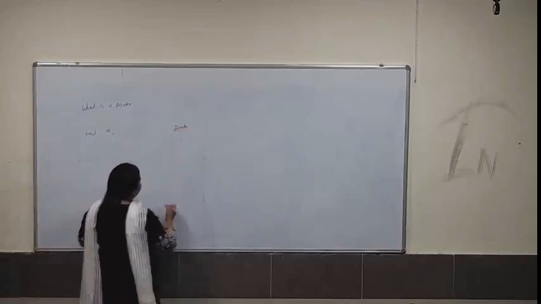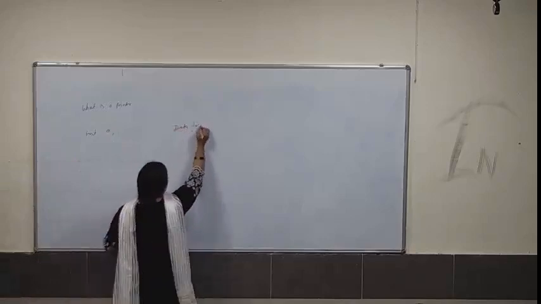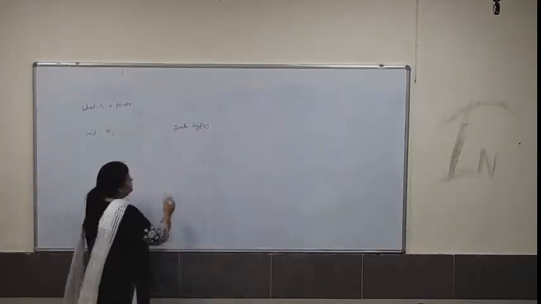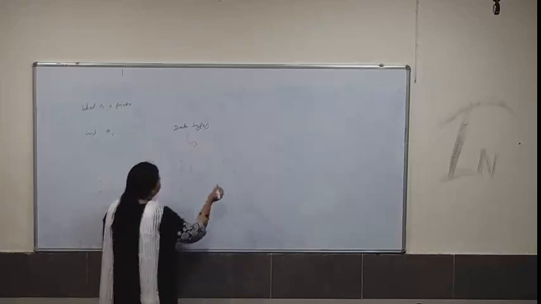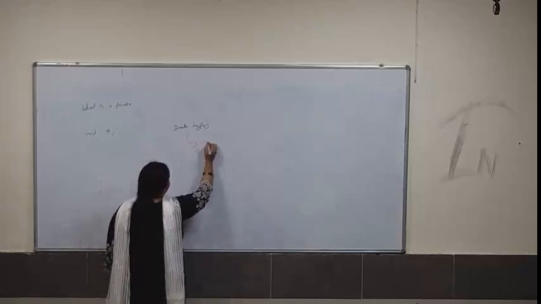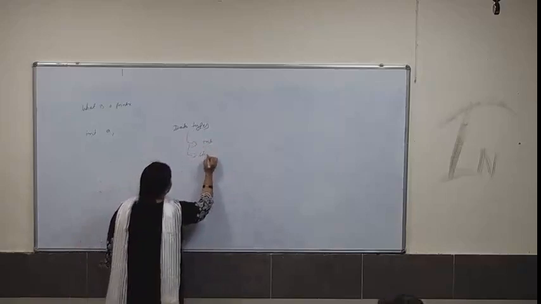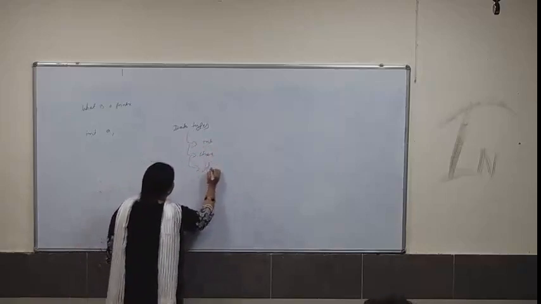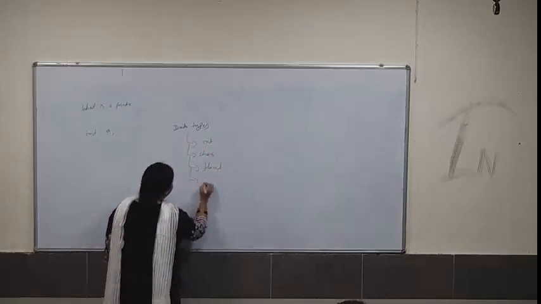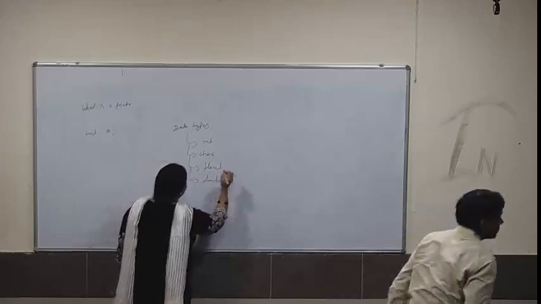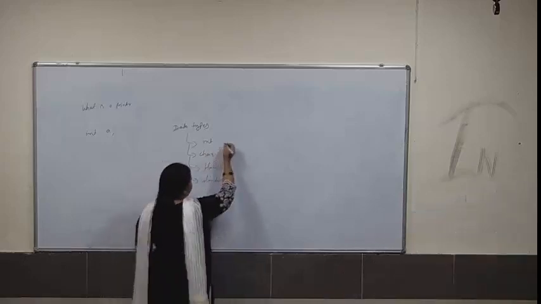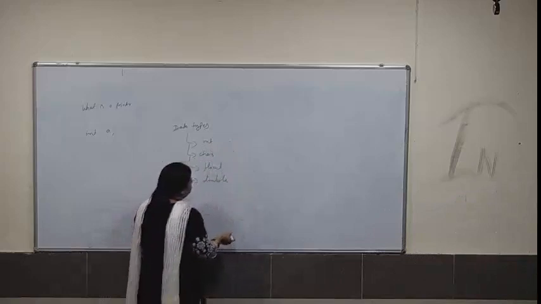Now first of all, we should know what data types we are going to use in the C language. Some of the primary data types are integer, character, float, double, which take some size. What is the size of the integer in memory?